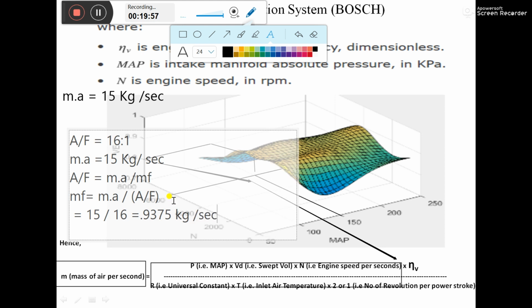All these calculations are processed by your ECU. This is the relation for how the calculation is done.